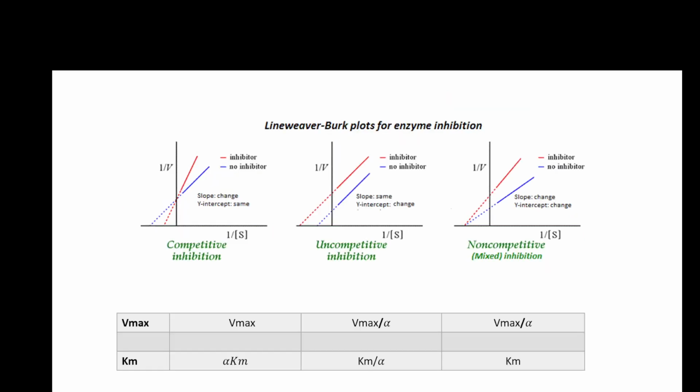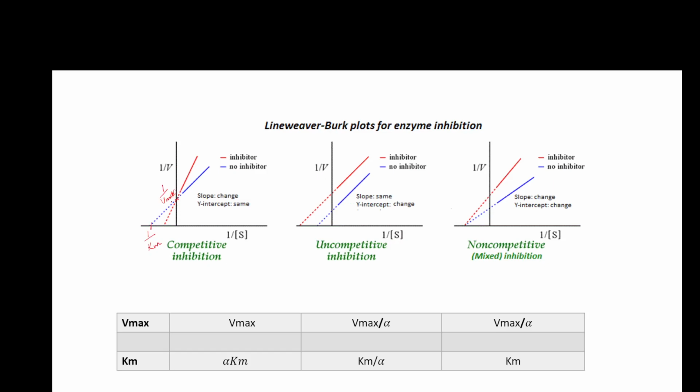Okay. And here are the Lineweaver-Burk plots for the enzyme inhibition. So normally we have the blue one, if we see. Here we have the y-intercept, and we have the x-intercept. X-intercept is our Km, and y-intercept is our Vmax in a reciprocal form.